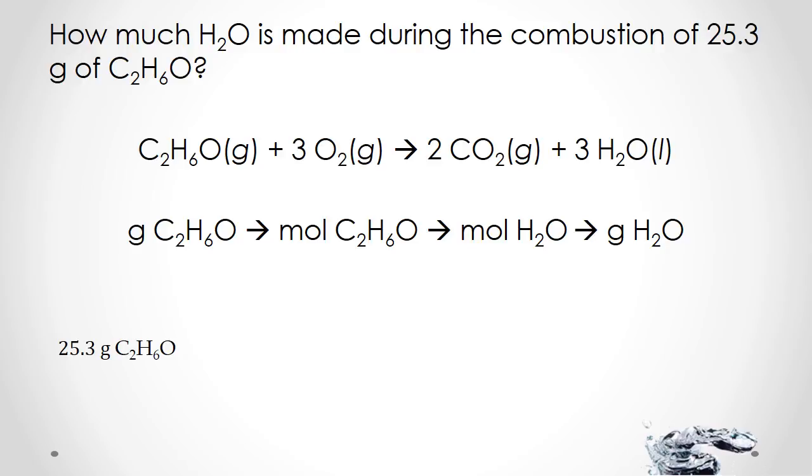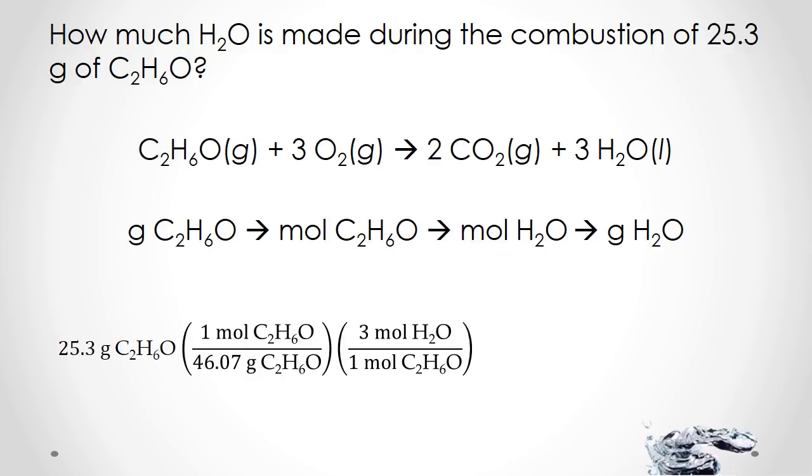I'm going to multiply by the molar mass of C2H6O, which is 46.07 grams on the bottom and 1 mole on the top. Then my molar conversion is going to be 3 moles of H2O on top and 1 mole of C2H6O on the bottom.